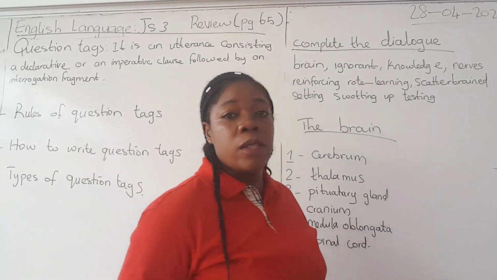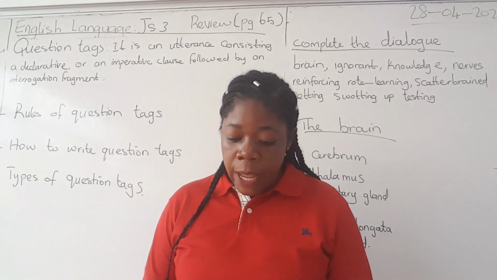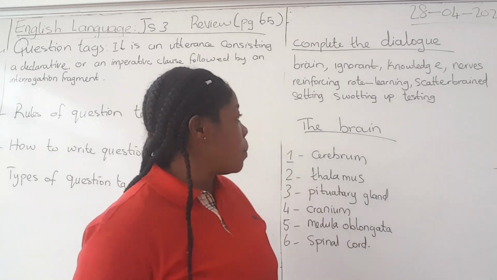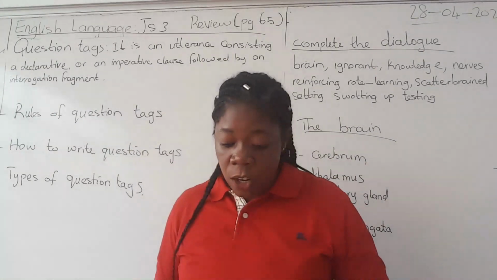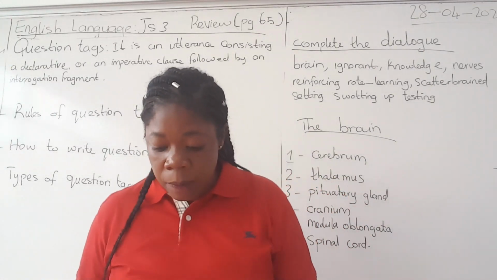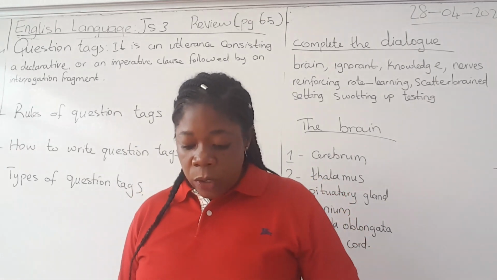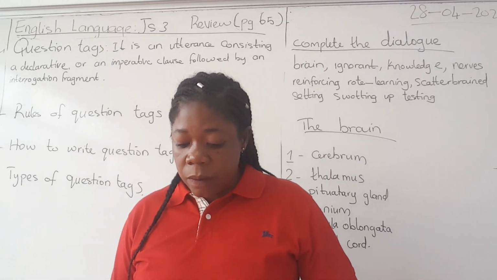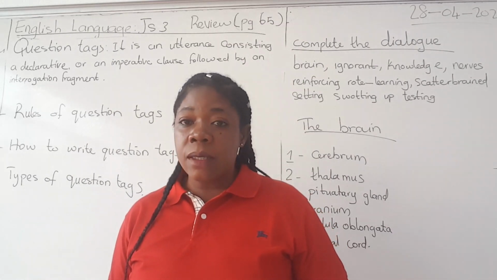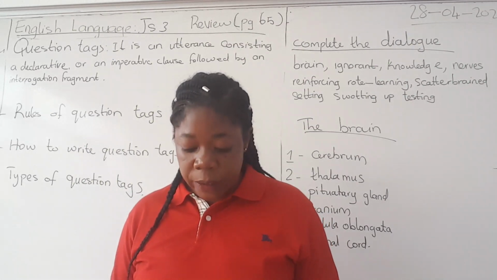I've given us words in the box which we are going to use to complete the dialogue between Andy and Jamie. The words in the box are brain, ignore or ignorant, acknowledge, nerves, reinforcing, rote learning, scattered brain, sitting, sorting up, and testing.